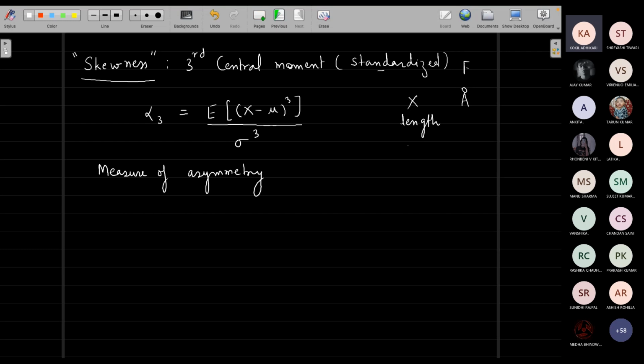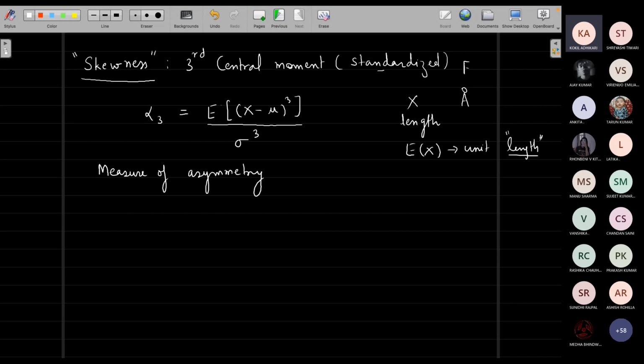So when we are going to take the expectation value of x or any value which we are going to make out of it, then this expectation value will also have its unit. So if the random variable is length, then the expectation value of x will also have the unit length, right?